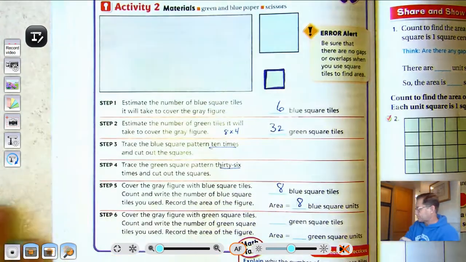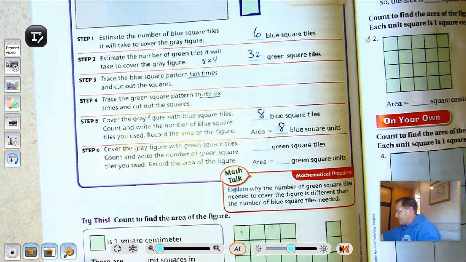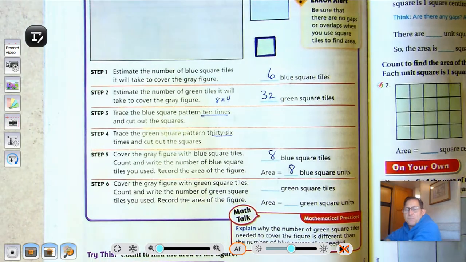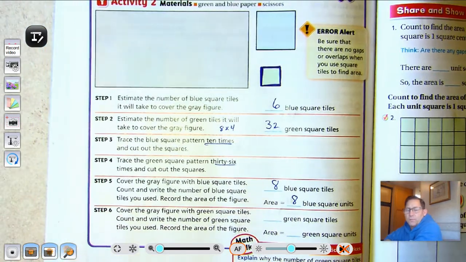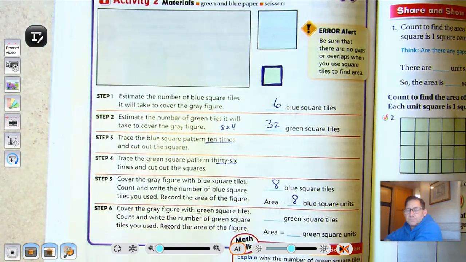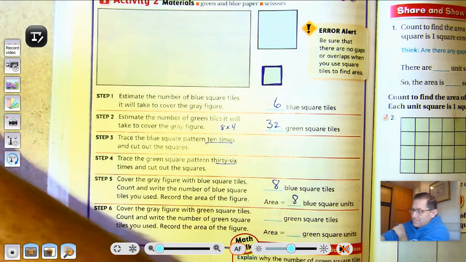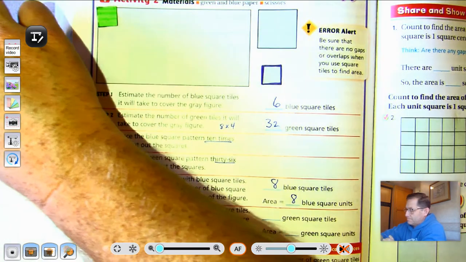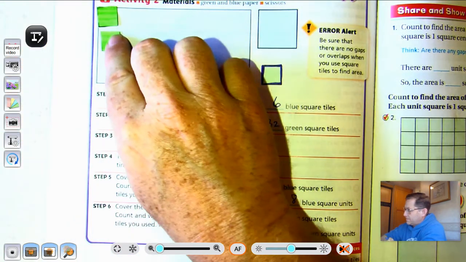All right. Now cover the gray figure with green tiles. Do you think it's going to take more green or more blue? Well, I think it's going to take me a lot more green. Let's see.